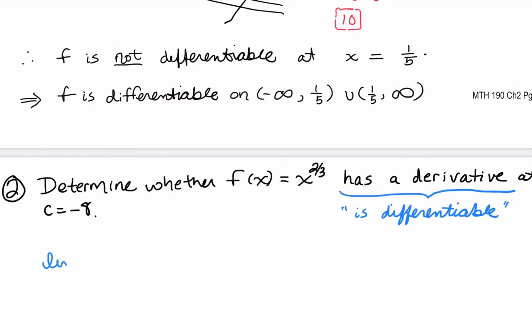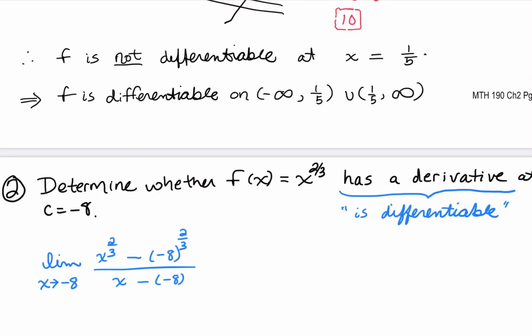So we're going to look at the limit as x approaches -8 of f of x, which is this x to the 2/3, minus f of -8, so -8 to the 2/3, all divided by x minus that c, x minus the -8.